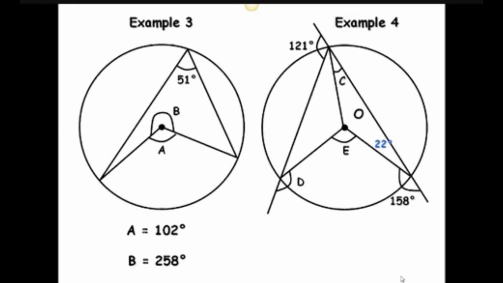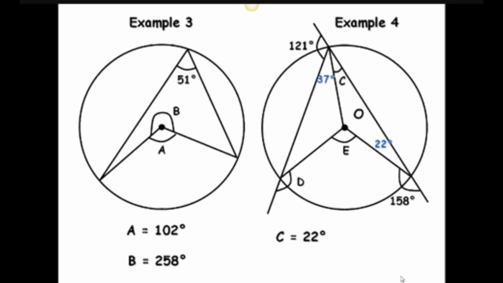Now, obviously the lines connecting the centre to the 158 and the centre to C are both radii, which means C and 22 must be the same because that triangle is an isosceles triangle. So C is 22 degrees.